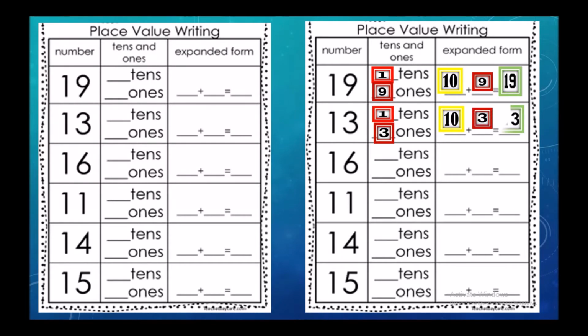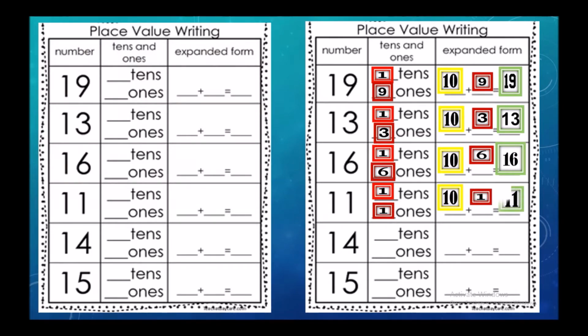Next, 6 ones, 1 tens. 10 plus 6 is 16. Ones place here is 1, tens place also 1. So 10 plus 1 is 11.